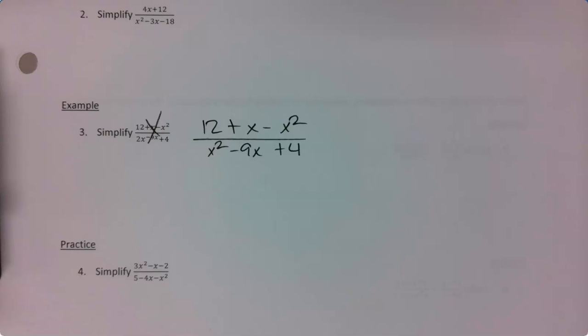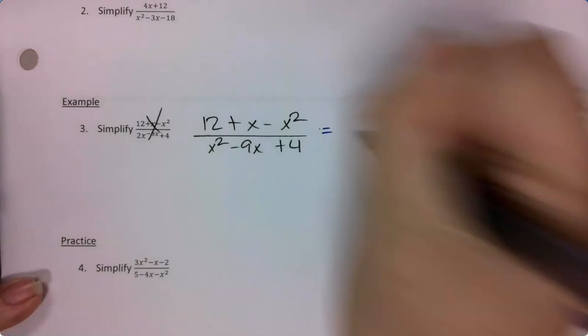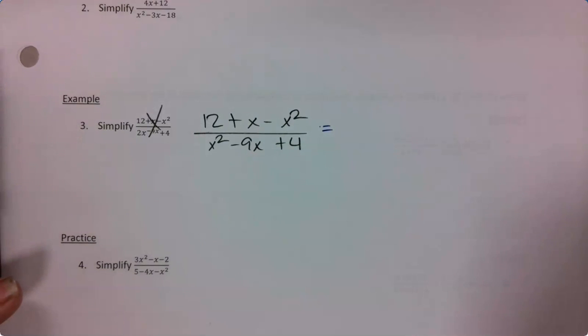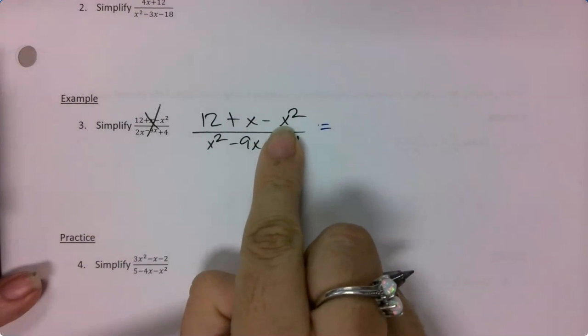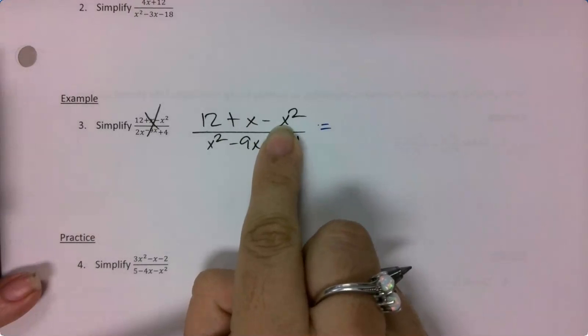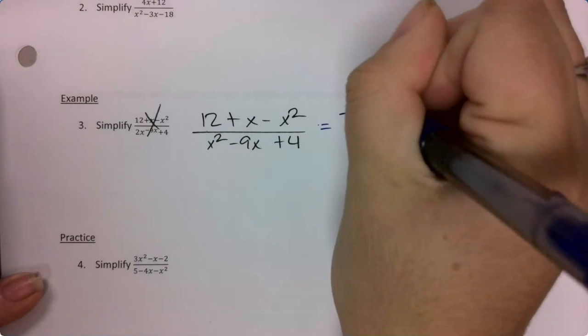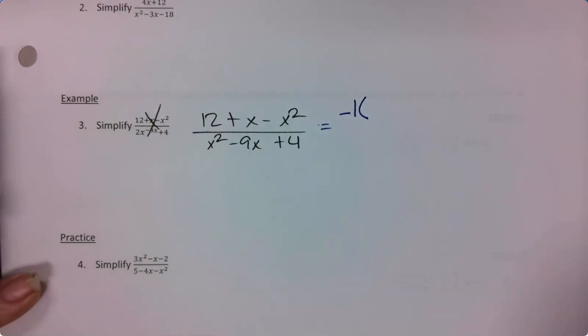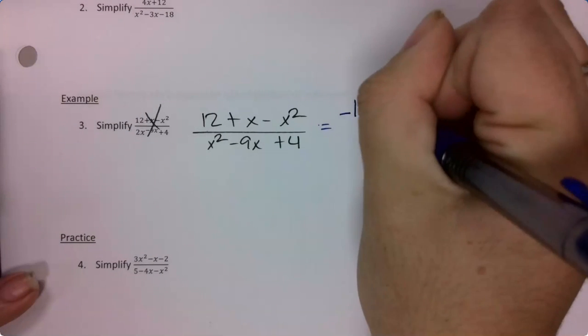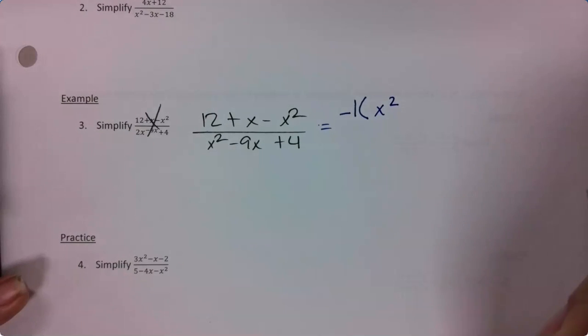So just like before, I want to factor my numerator and my denominator. On the top, I also want it written in standard form. So I'm going to write my x squared out front, but notice how it's negative. I want to pull out that negative. I'm going to pull out a negative 1. So then I'm going to write x squared, because negative x squared divided by negative 1 is positive x squared.